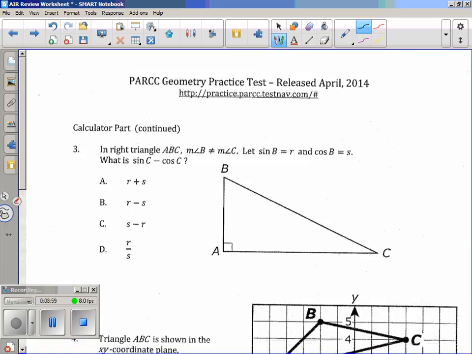So let's name the parts of this triangle here. Here's angle A, so I'm going to call this little a out here. Here's angle B up here, so I'm going to call this opposite it little b. And here's angle C, so little c over here.